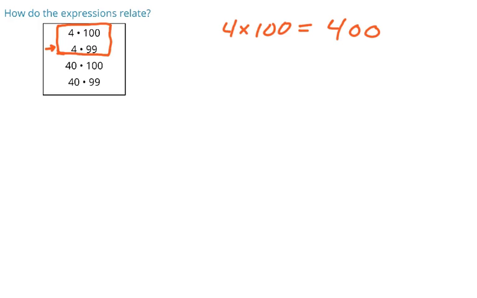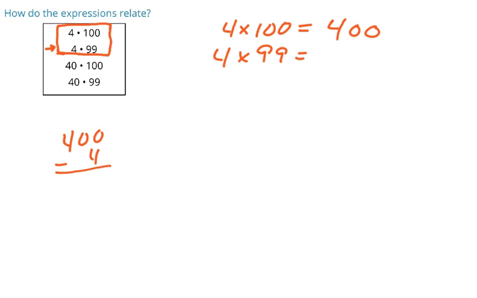Well, 4 times 99 is easy also because 99 is 1 less than 100. If I had 100 groups of 4 students, I would have 400 students. But if I had 99 groups, that would be like taking away one of those groups of 4. So if I want to find 4 times 99, I could just go 400 minus a group of 4.